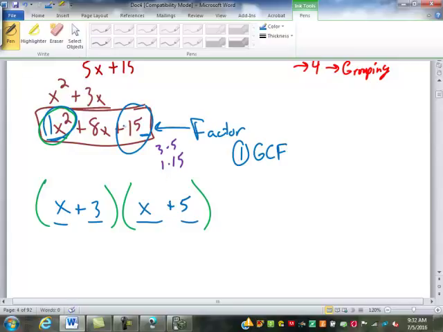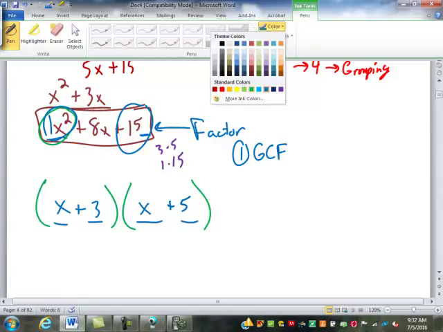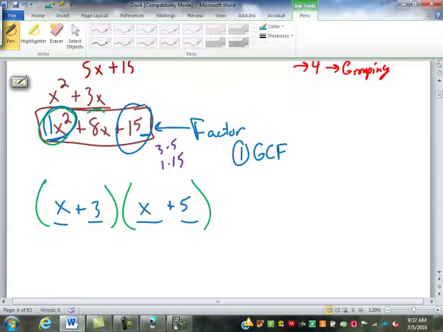It could also, by the way, be a negative 3 and a negative 5 to make a positive 15 as well, because a negative times a negative is a positive. But anyway, how do we know for sure that the 3 and the 5 are what we want? Well, we can double check. This middle digit in our result here came from, if I'm looking at FOIL, the outside and the inside.